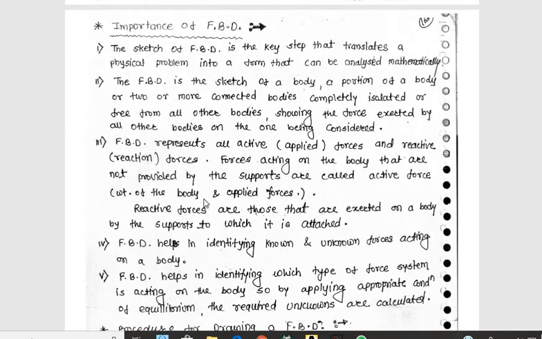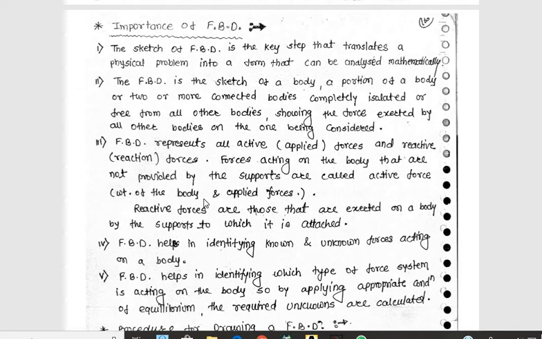Now see the importance of the free body diagram. The sketch of FBD is the key step that translates a physical problem into a form that can be analyzed mathematically.